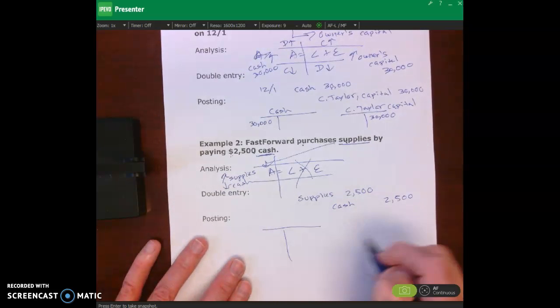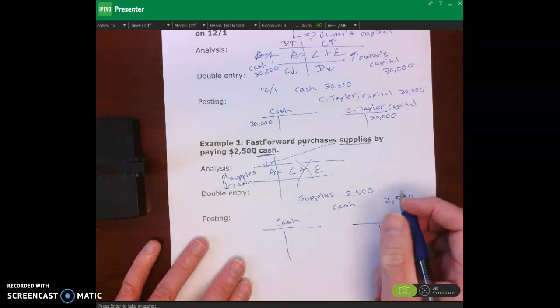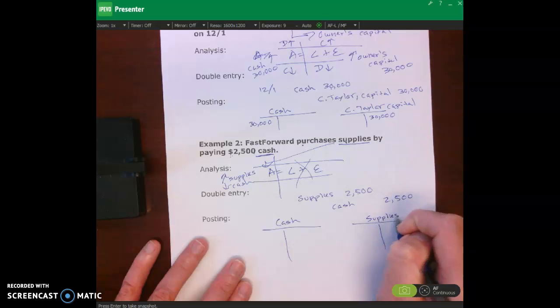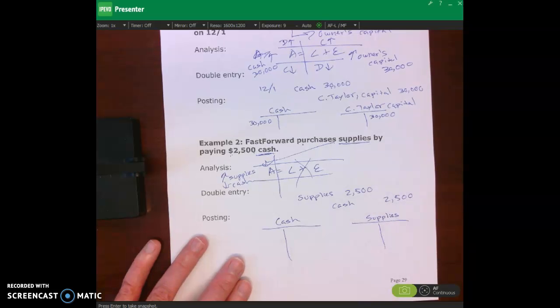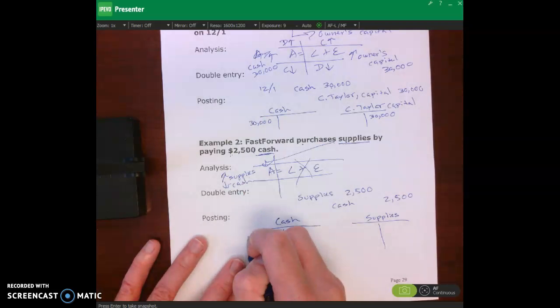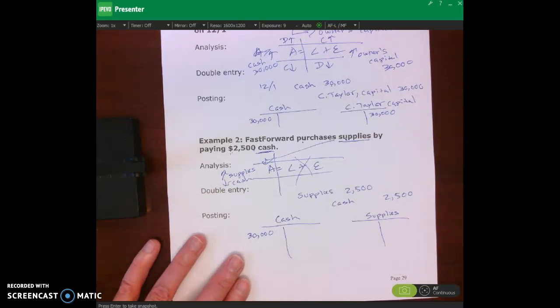Let's look at our T accounts. So we have our cash, and then over here is our supplies. With our cash, remember from example 1, we invested $30,000 cash. So that's on the debit side of the T account for cash.